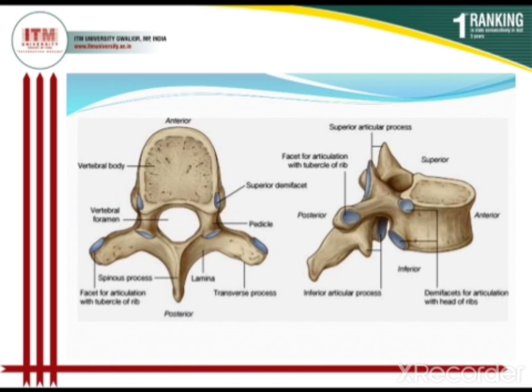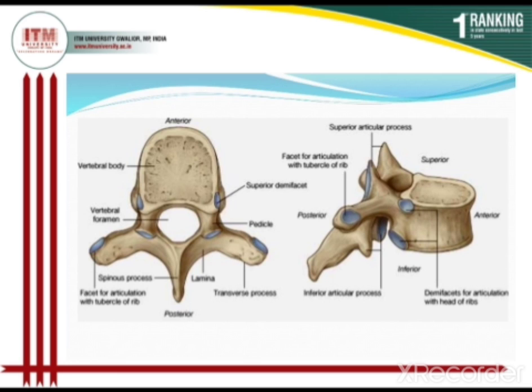So this is a thoracic vertebra. It has a broad body, the vertebral canal, the transverse processes, the spinous process, and the facets of the superior articular process and the inferior articular process. You can see the demifacets of articulation with the head of the ribs.